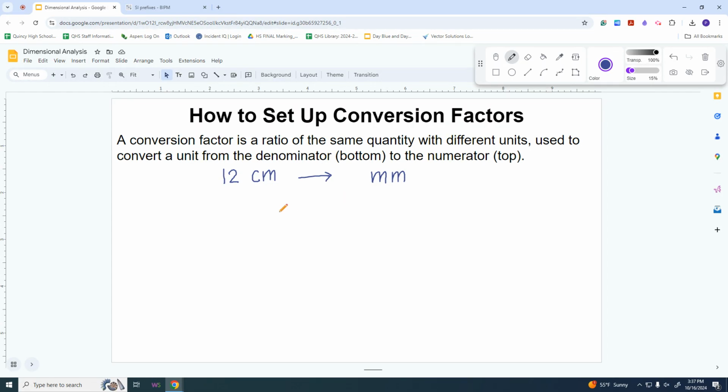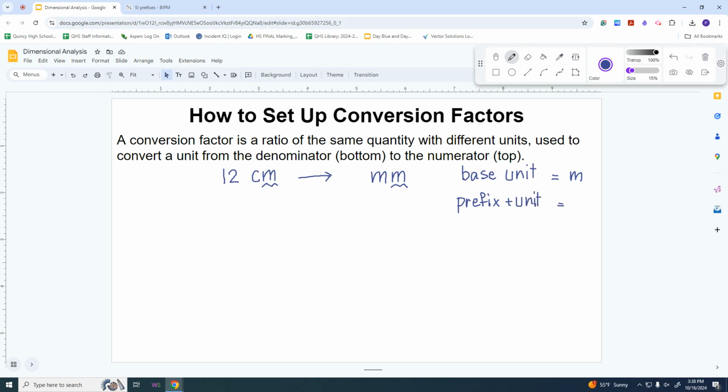You still can see that the base unit is still meter, okay? But you have a prefix plus unit.